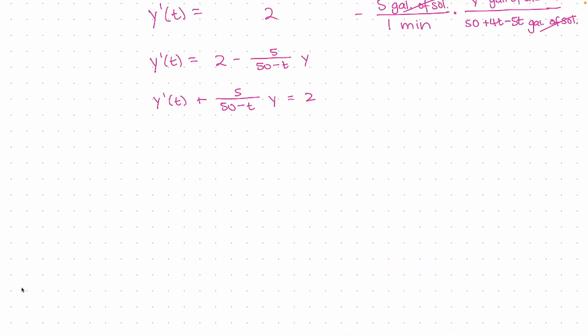So I'm just going to put a little note here. You're going to solve this and use y of 0 equals 5 to find C. Now you've got the particular solution, then you just plug in 10.